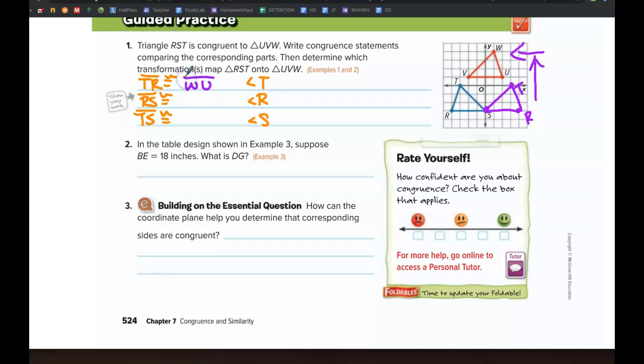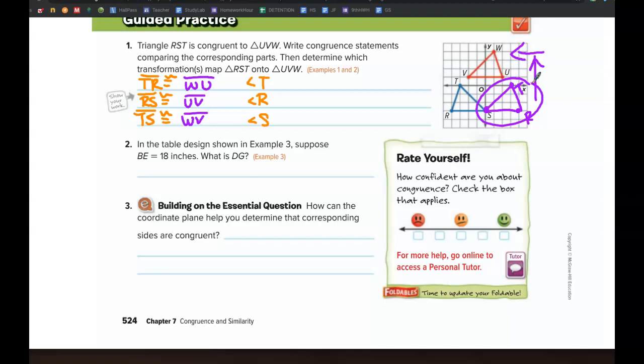So then TR would match up with which side? WU. RS would match up with UV. TS would match up with WV. Questions on those? Now it's easy to see those sides because in those triangles all the sides are different. But especially when you get to rectangles and parallelograms, you need to draw this in so that you can see the match easily.